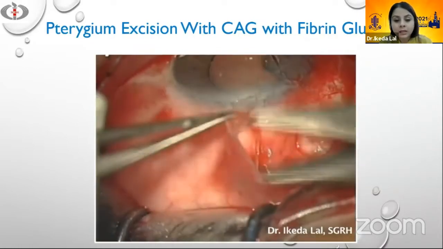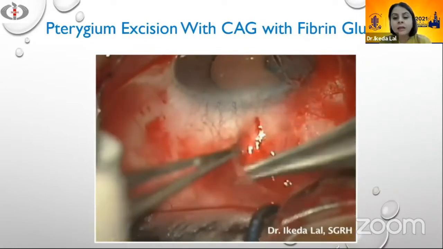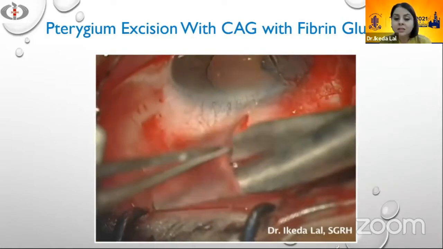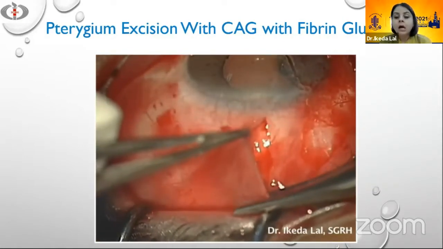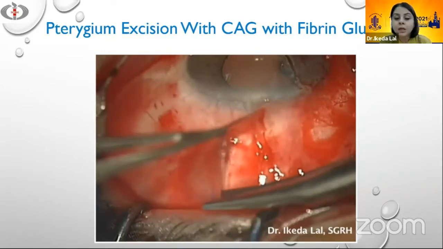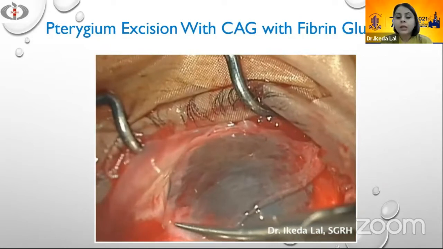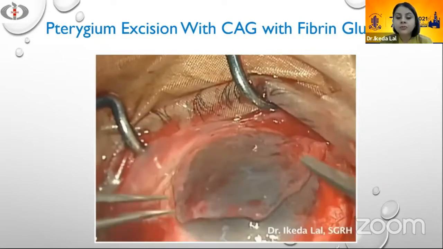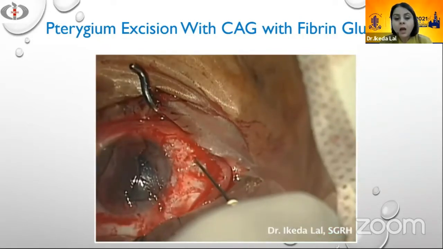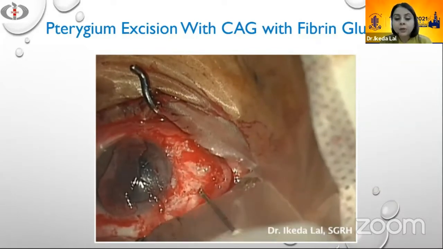Again, I'm using the technique of blunt dissection here, and our aim is to achieve as thin a graft as possible, taking care that we have a minimal amount of tenons in our graft. A subconjunctival lignocaine or BSS can also be used to first make the plane smooth. After that, I am instilling fibrin glue here.